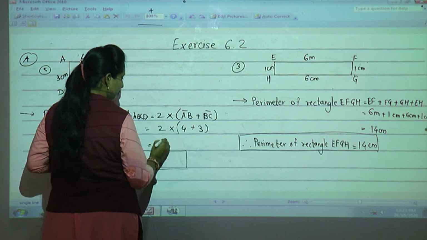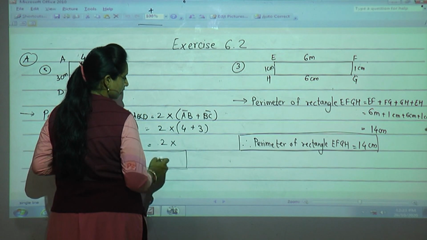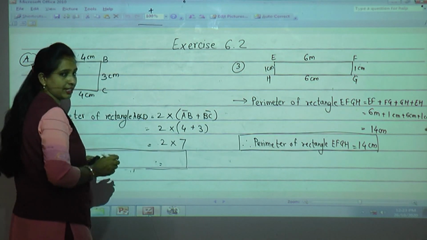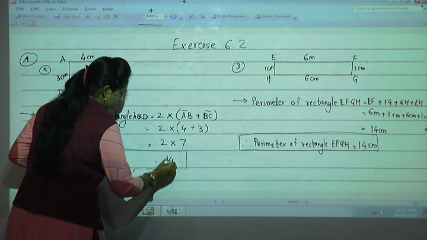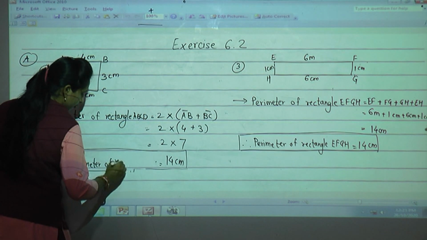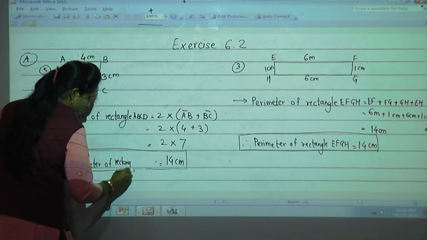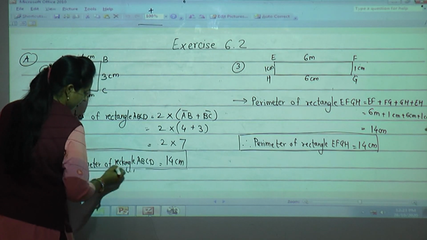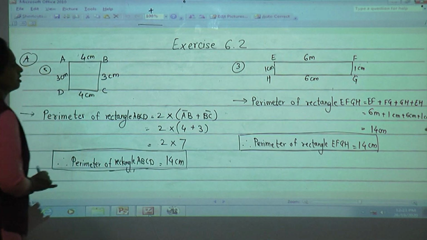So what are you going to do? 2 multiplied by 4 plus 3, which is 7. Now 2 sevens are 14 centimeter. Now write your perimeter of rectangle ABCD is equals to 14 centimeter.